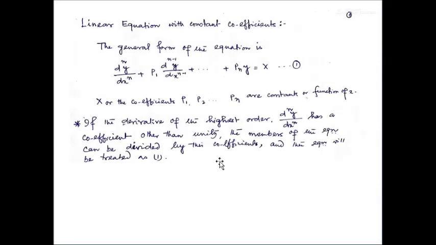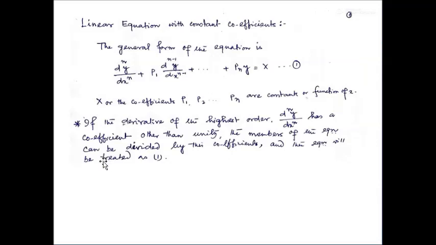Now take any linear differential equation with constant coefficients, that is obviously an inhomogeneous equation. So d to the power n y by dx to the power n plus p1 d to the power n minus 1 y by dx to the power n minus 1 and so on, plus pn y equal to X, where p1, p2, pn are constants or functions of x.